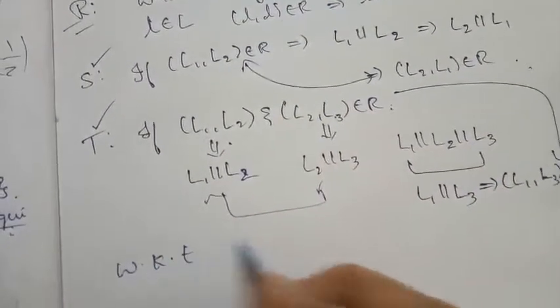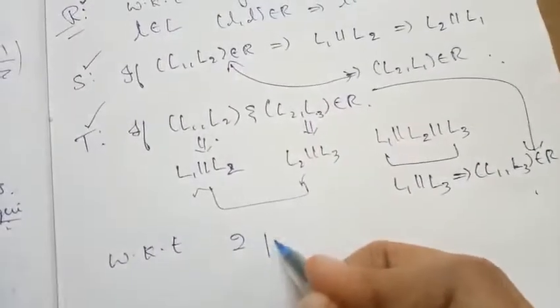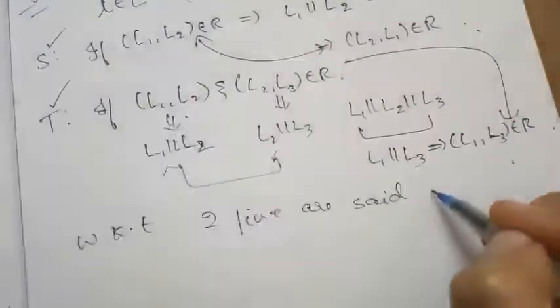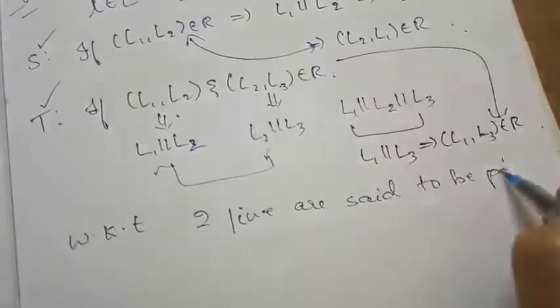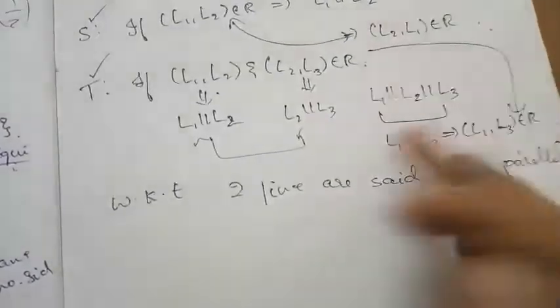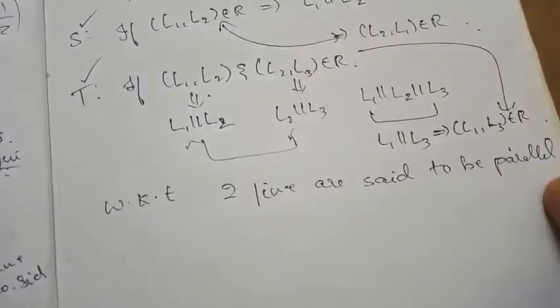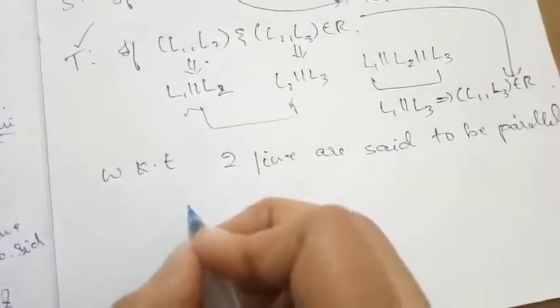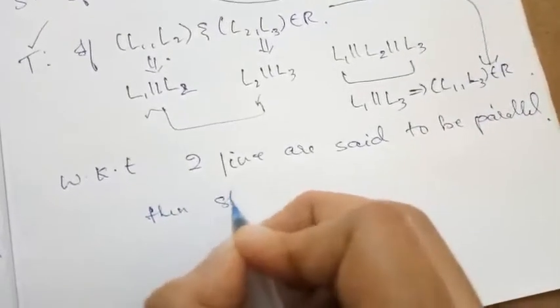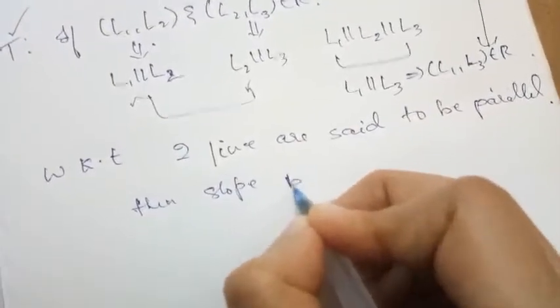So we know that if any two lines are said to be parallel, then from the straight line concept which we studied in class 11th, their slopes must be the same.